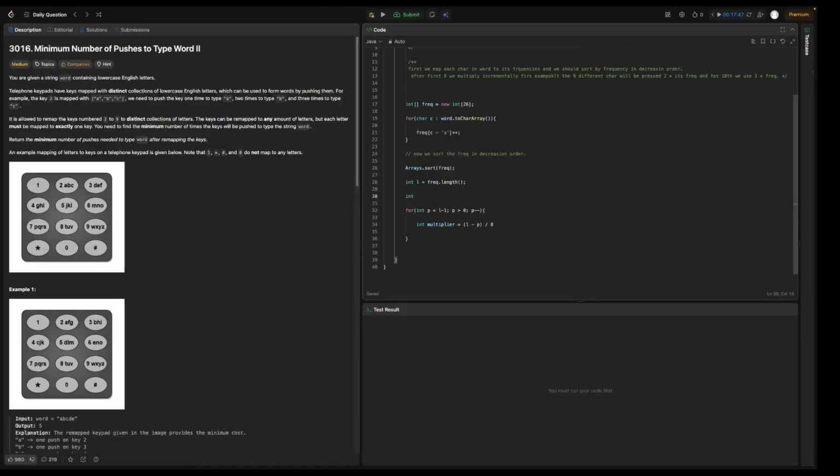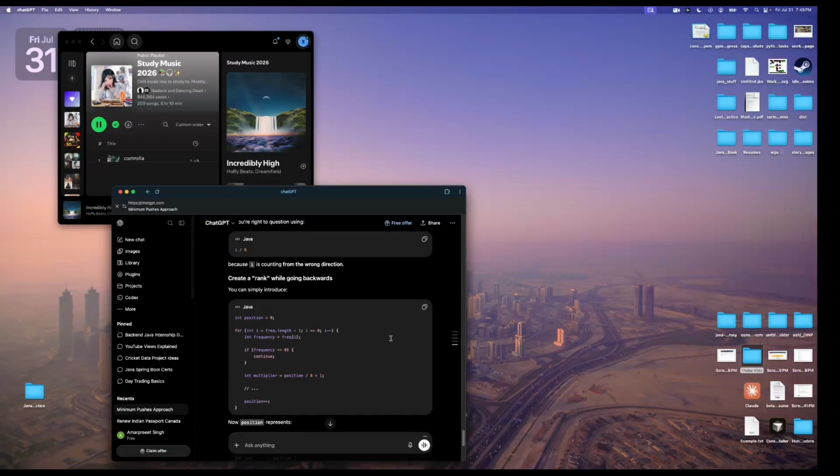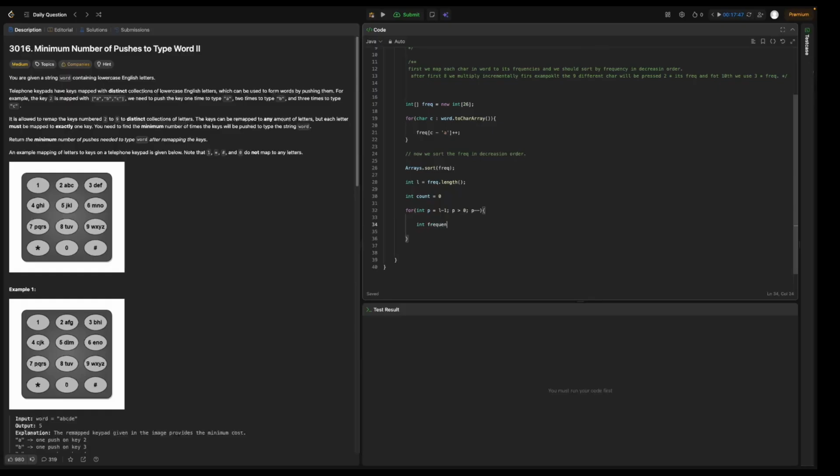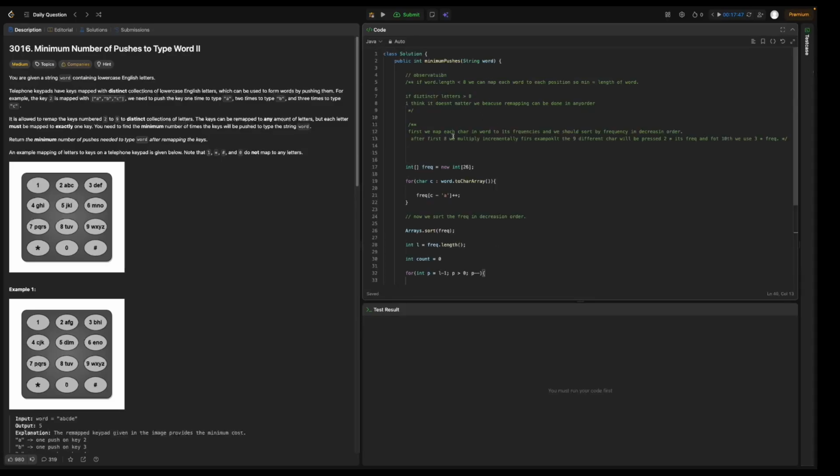I create an integer count variable equal to 0. First we check the frequency, equal to whatever is at frequency bracket p. If the frequency equals 0, if there's nothing there, we continue, right? And then let me also have an integer answer equal to 0.